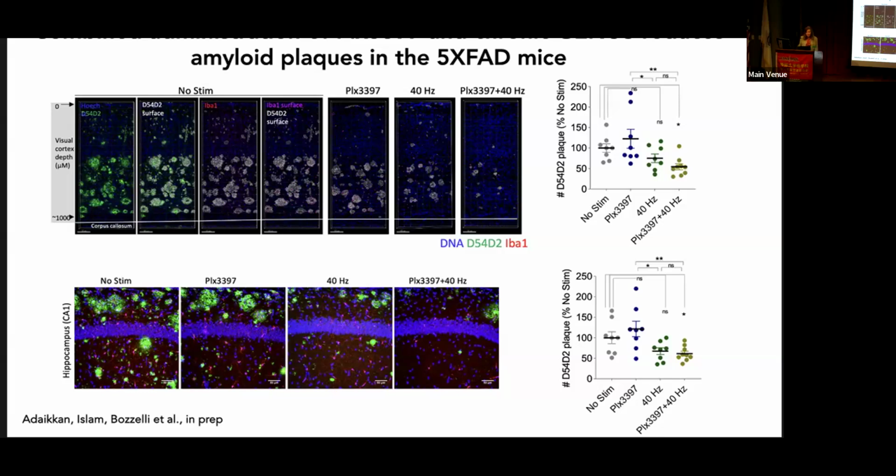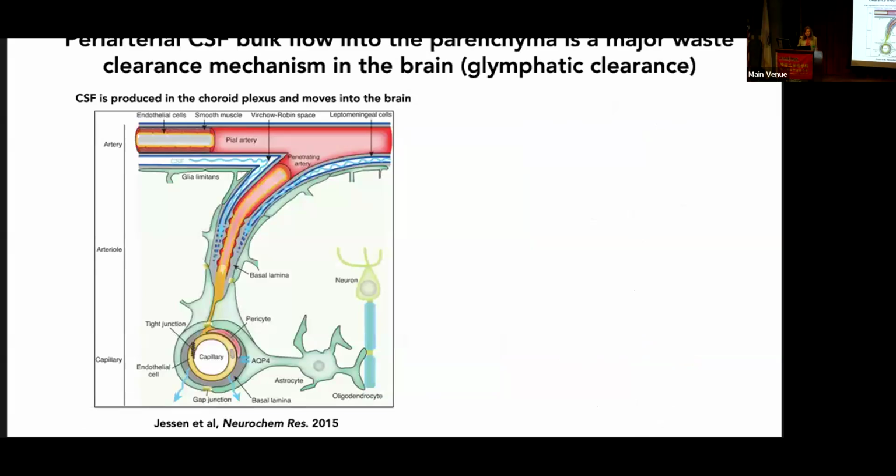Now, the well-established brain clearance system, in addition to microglia and the vasculature, is known to be the perivascular CSF influx and the lymphatic clearance of the metabolites, brain waste.